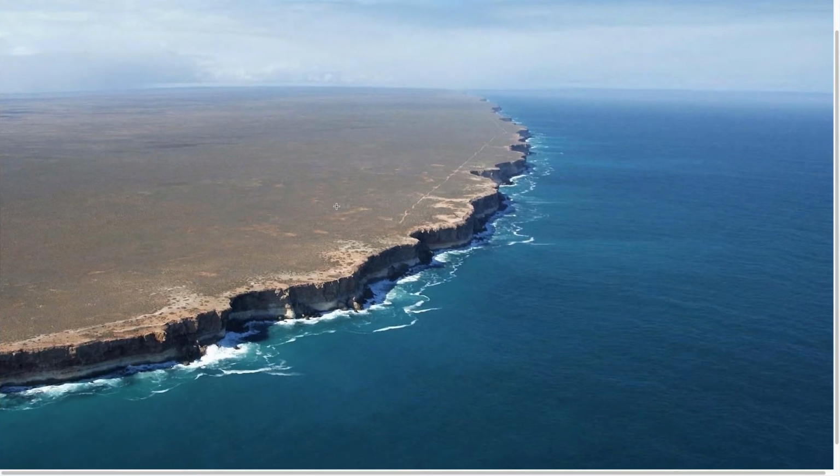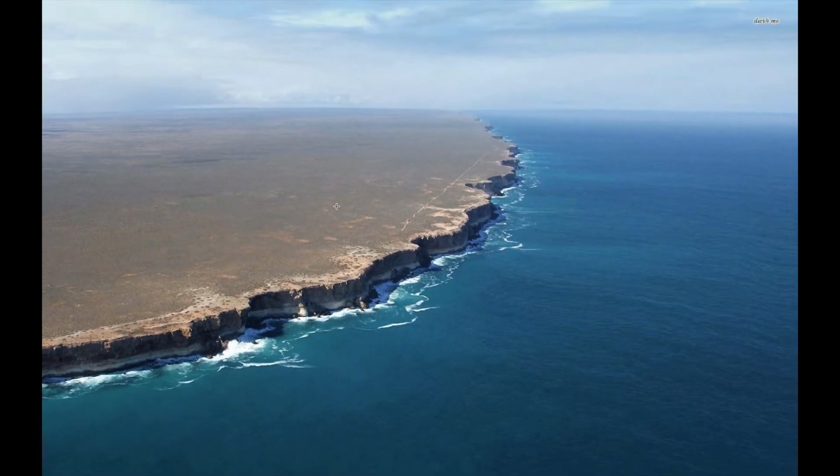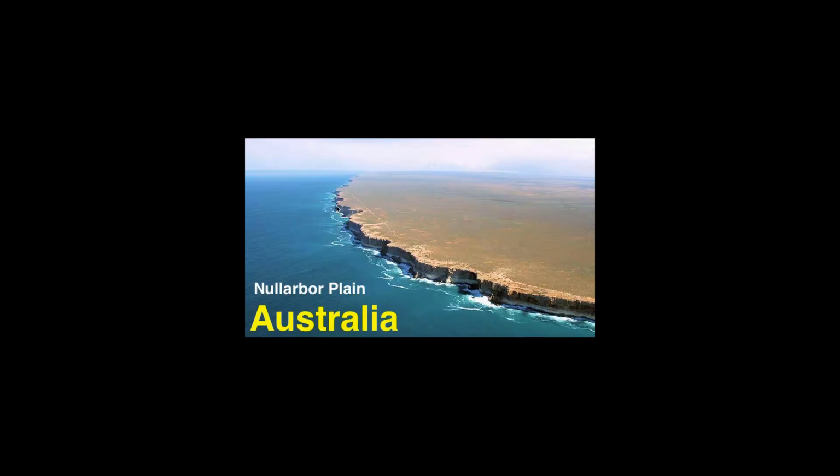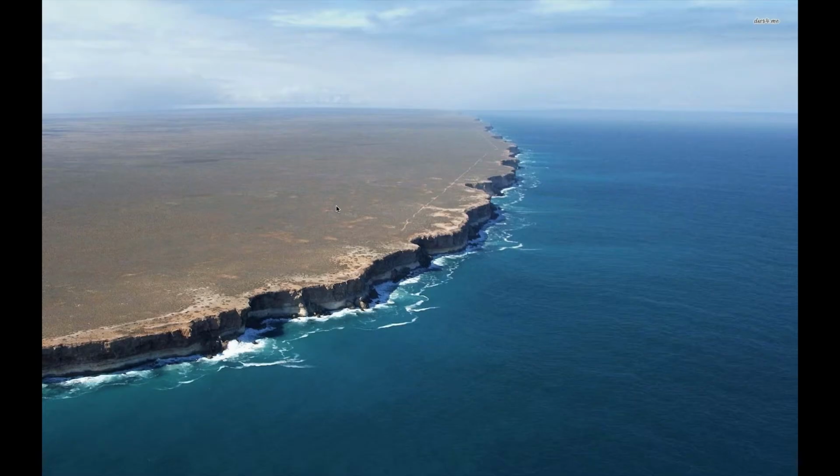One other thing I should mention is that the word sheared, sheared flat plains, I don't think that's necessarily very close to the truth. I doubt it was like a clumsy shearing maneuver, if this is even artificial at all.